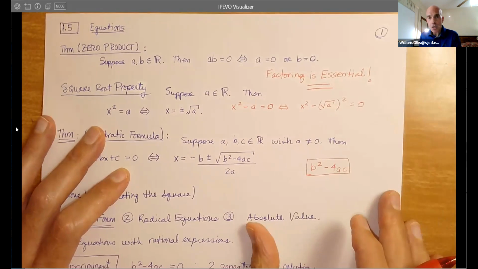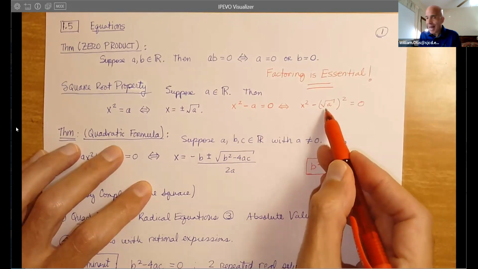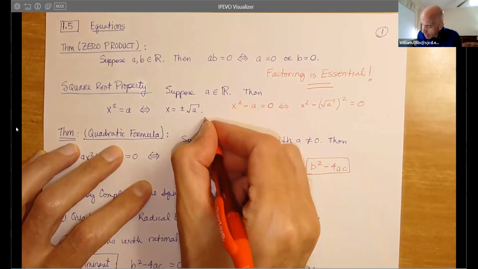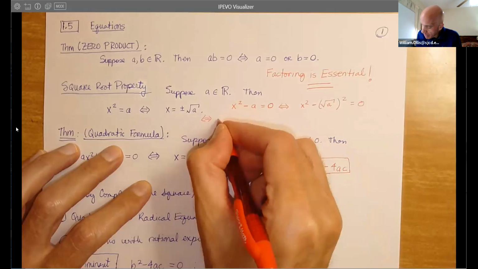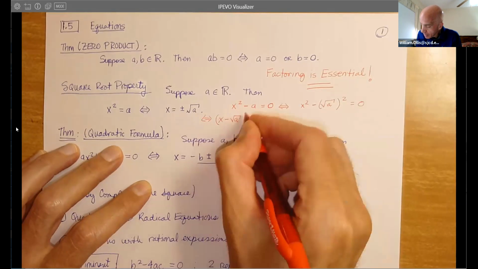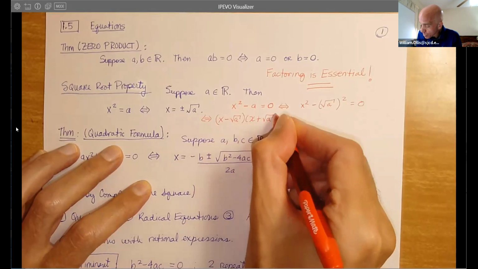Okay? So the idea here is that now we've introduced the identity for the difference of two squares. So now we can factor that. So this will be x minus the square root of a times x plus the square root of a equals 0.